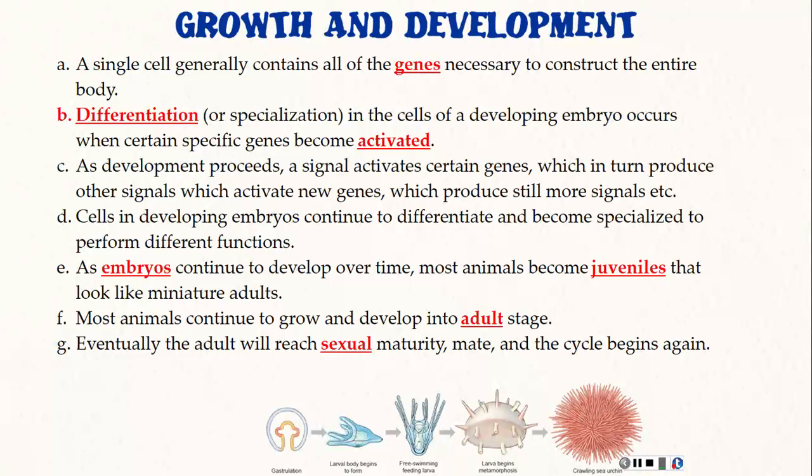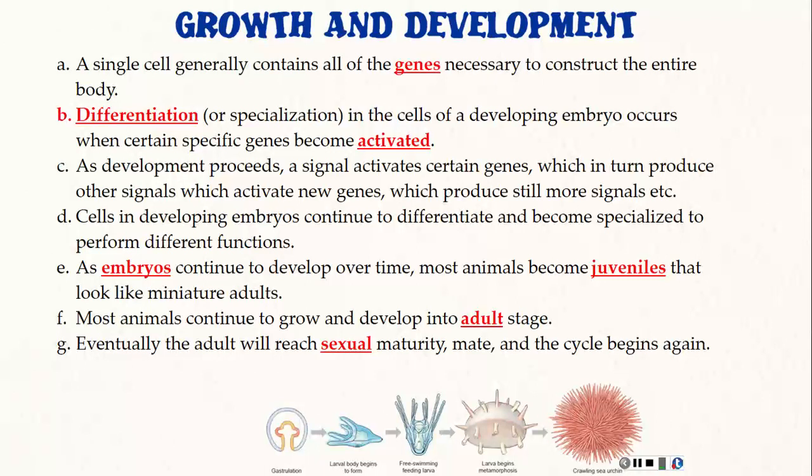A single cell generally, and these are things that are consistent throughout all animal groups, contains all of the genes necessary to construct the entire body, which is phenomenal. Those homeoboxes are the homeogenes that we looked at earlier in part 1.